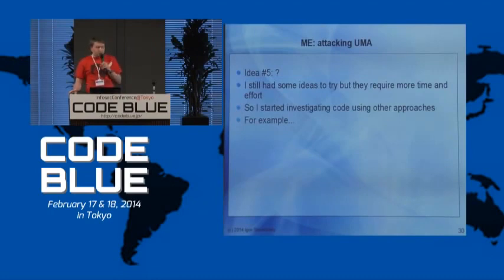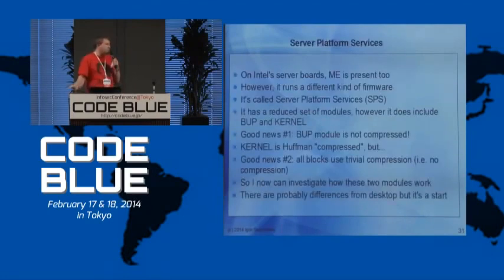So I looked at all the firmware that I collected, and I found some which was a bit different from the rest. There is the so-called Server Platform Services firmware, which is used on Intel server boards. On server boards there is an ME as well, and it also runs some firmware, but it's different from the desktop firmware because they don't use most of the desktop features.